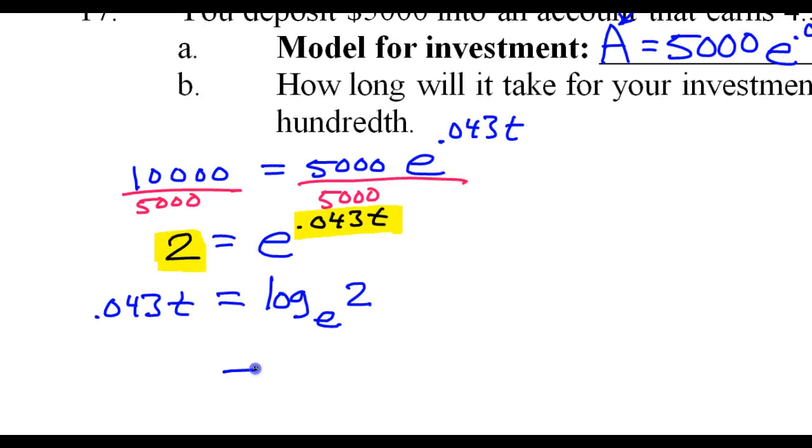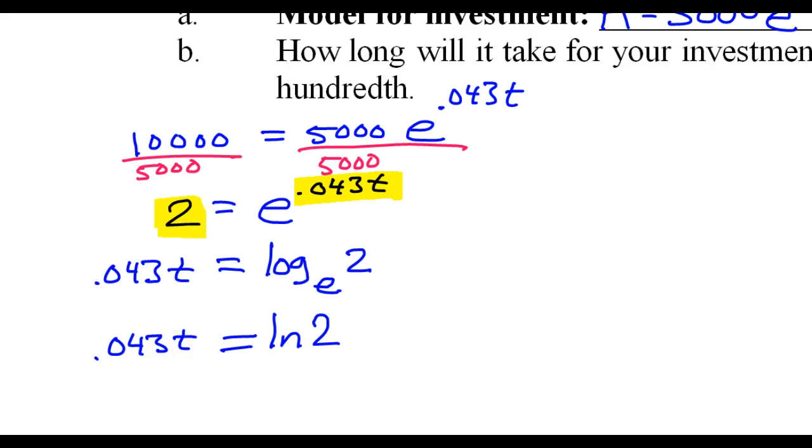However, you don't write log base e, silly. That's your natural log. So we just write natural log 2 equals 0.043t. We're solving for t, so all we have to do now is divide both sides by 0.043.